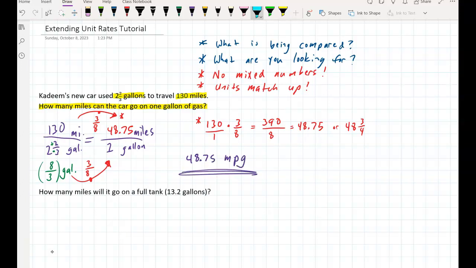But we're not done. It says how many miles would it go on a full tank of gas. And a full tank is 13.2 gallons. This part's actually super simple. We know it'll go 48.75 miles on 1 gallon.